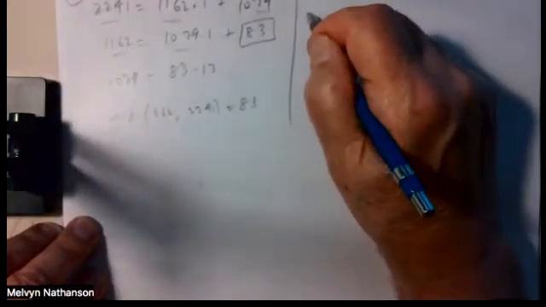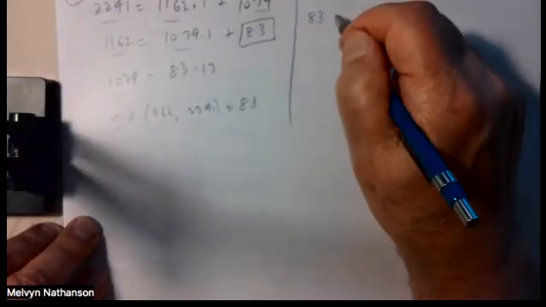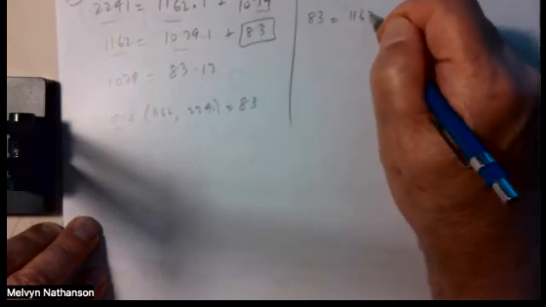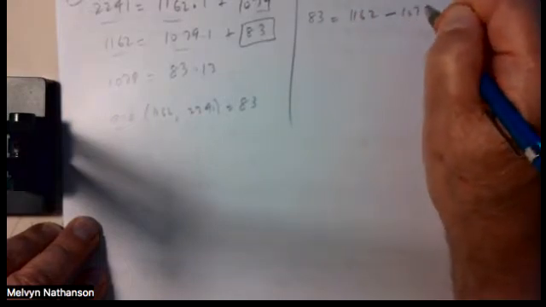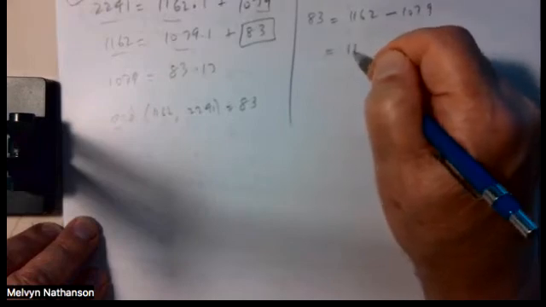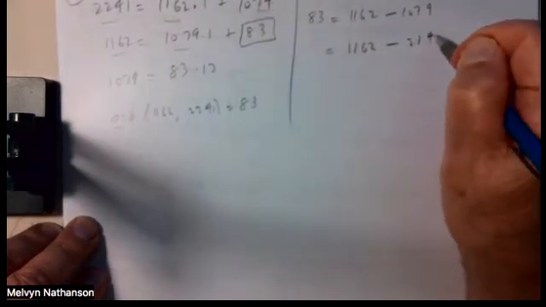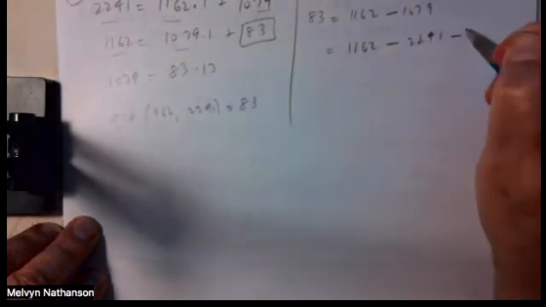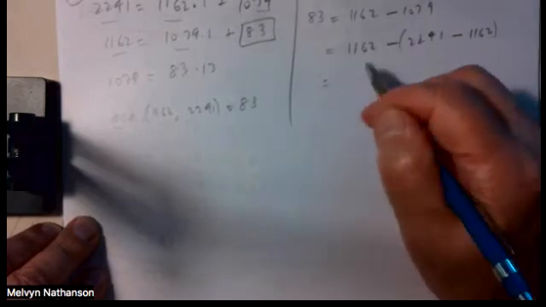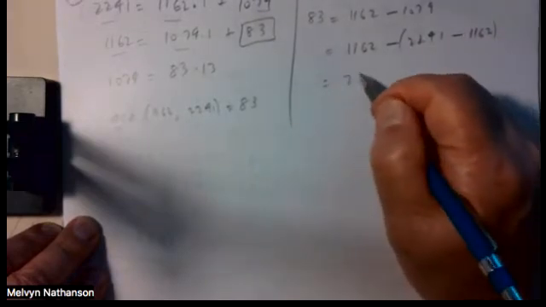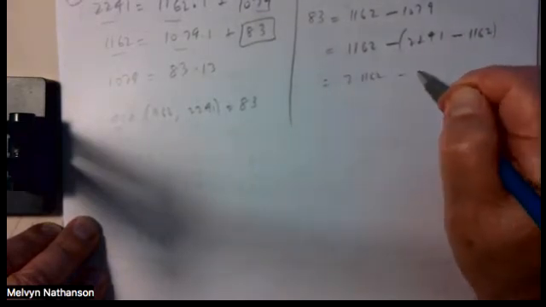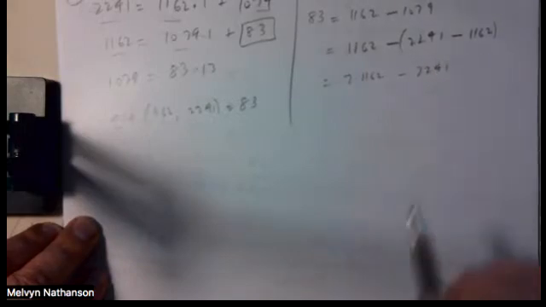And this says, if this is correct, 83 is 1162 minus 1079. But 1079 is 2241 minus 1162. So this is 2 times 1162 minus 2241.